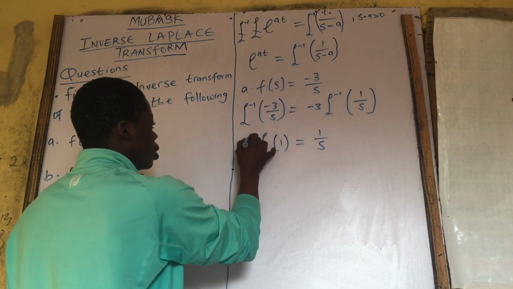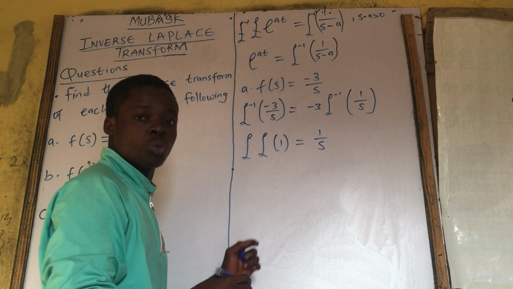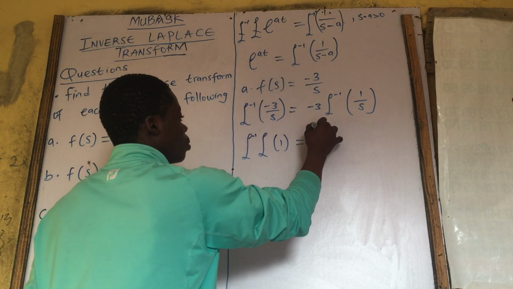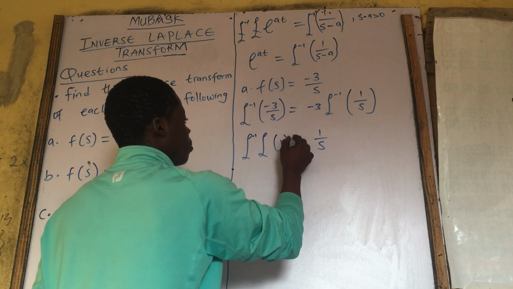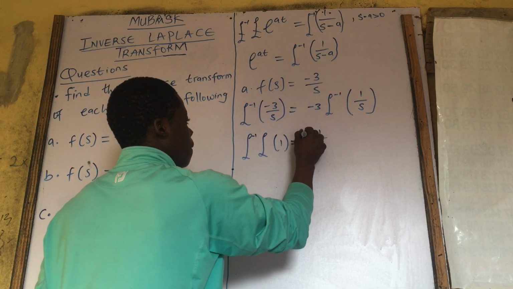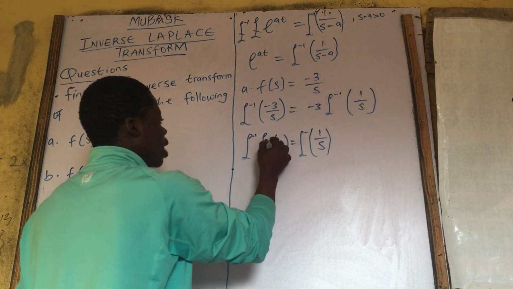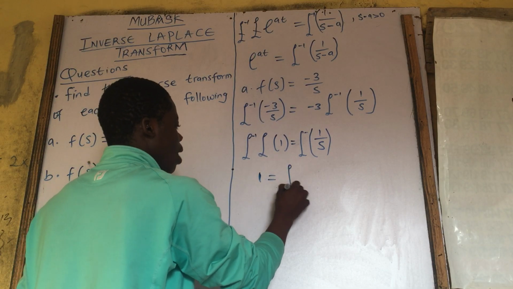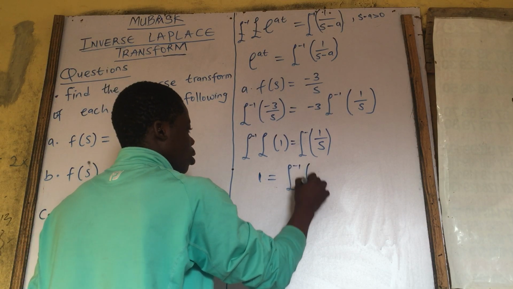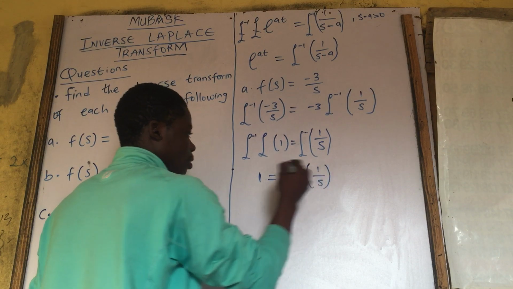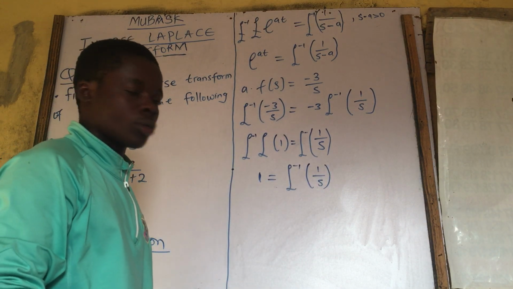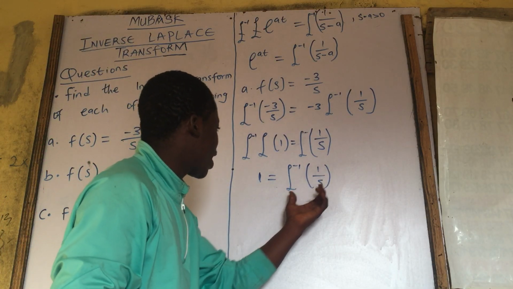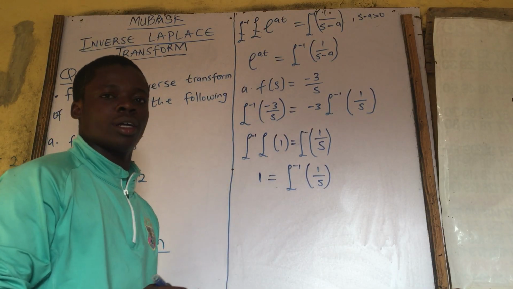we multiply both sides by the inverse of Laplace. Laplace cancels Laplace, and we remain with 1 equal to the inverse of Laplace of 1 divided by x. Which means the inverse of 1 over x equals 1.